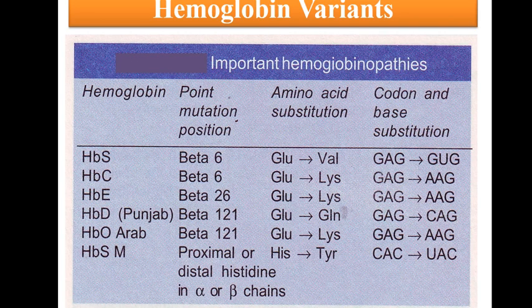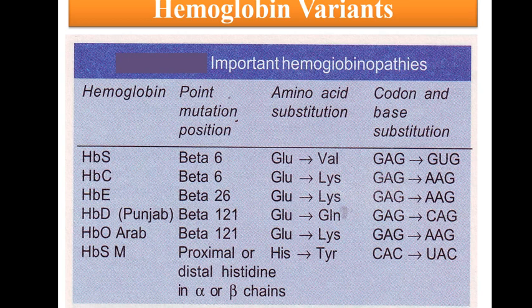You can see all the important hemoglobinopathies mentioned in this table: HbS, HbC, HbE, HbD, HbO and HbM. The mutation takes place in which chain? In the beta chain. Most of the variant hemoglobins involve the beta chain, and most of the time a glutamate amino acid is replaced.